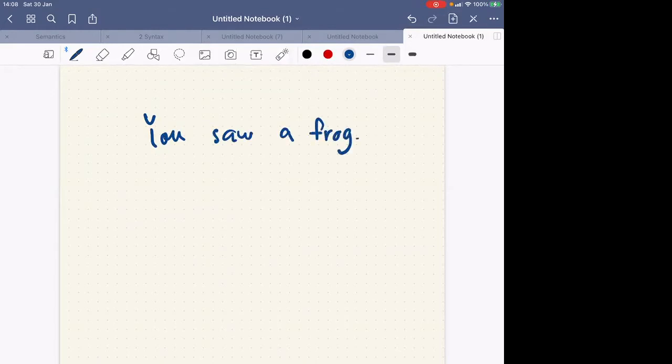Okay, and this is the DS, or the sentence that we got from the PS rules and the lexicon. Now, if I want to turn this sentence from a declarative one into an interrogative one, what I'm going to do is to put the WH word what here. So that would get me to the sentence, you saw what.